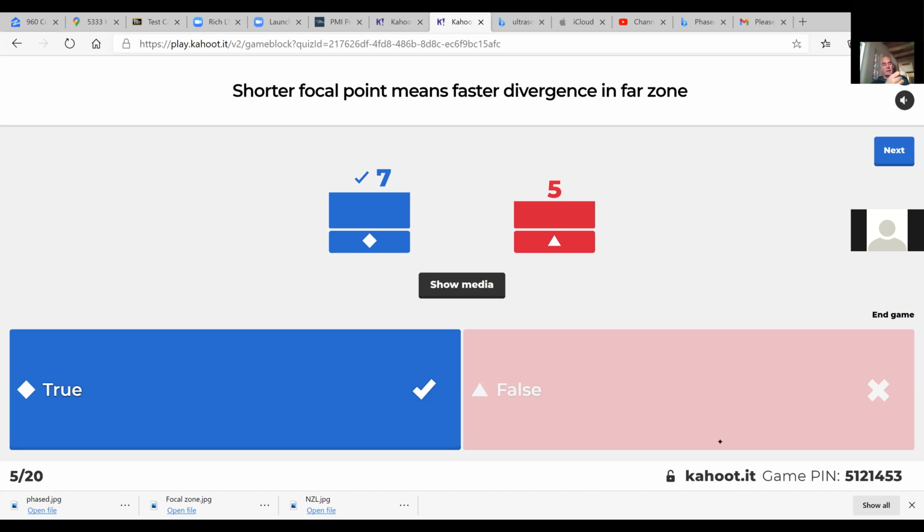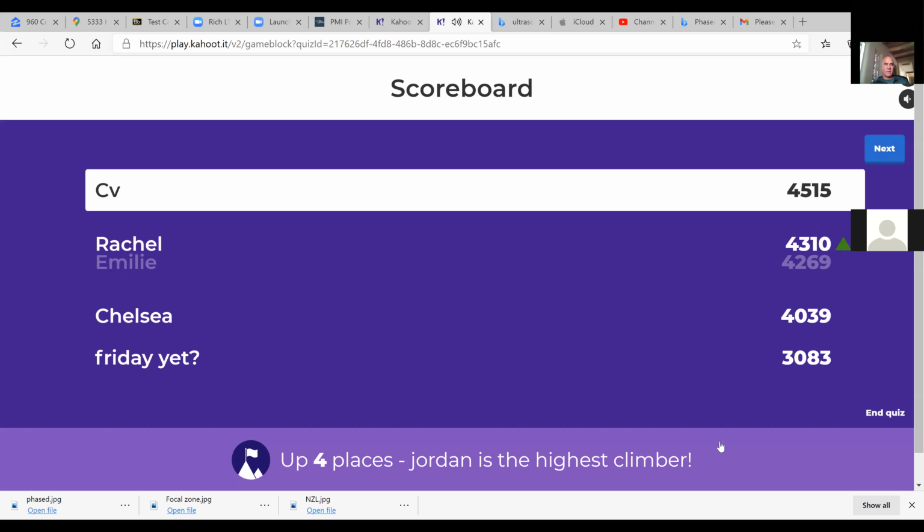And it doesn't matter why that focal point is short, whether it's because of the diameter of the aperture, because of the frequency, or because you purposely made it short through electronic phasing. No matter why it's short, it'll make more divergence. All right.